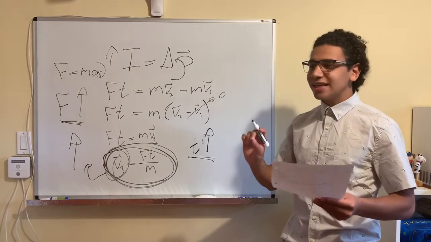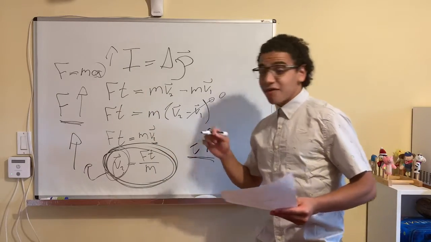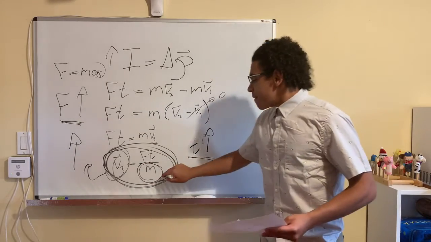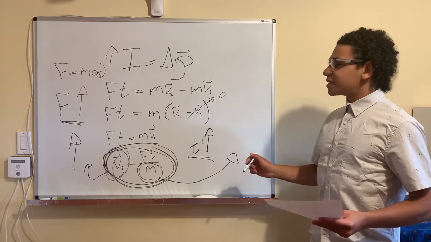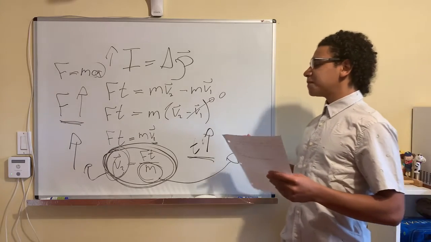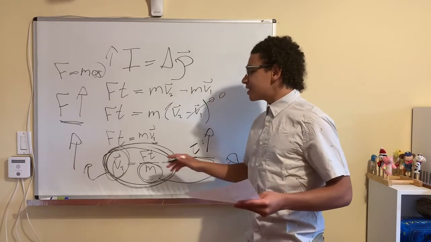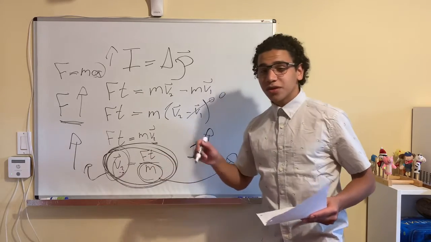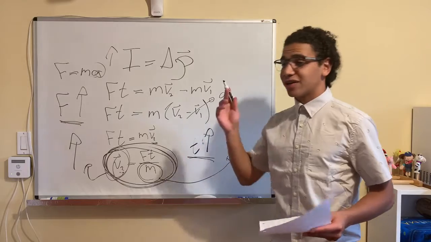The only factor that we haven't really talked about is this mass. Okay, what about this mass? This mass only really affects this V2 value. It will make this V2 value pretty low if the mass is very, very high.